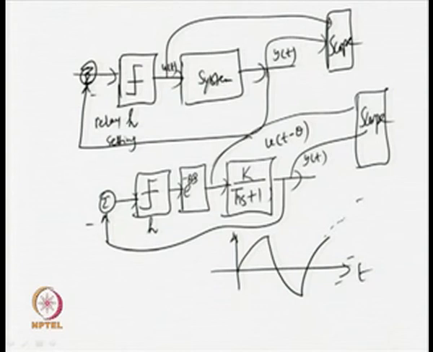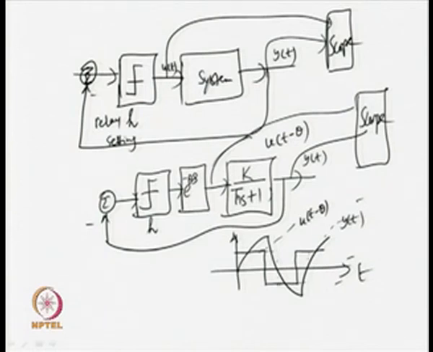This is what you get for y(t), and the delayed input signal will be of the form u(t). So, output input relation, this will be u(t minus theta). Whereas, if you draw u(t), how will it appear? u(t) will simply be the expanded version.